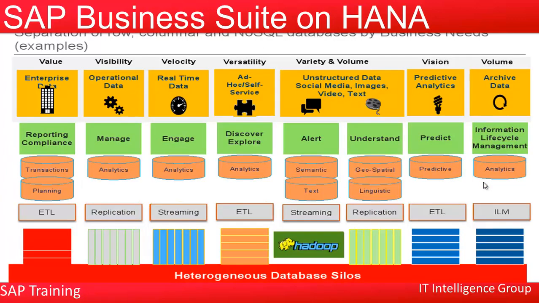Now here you can see the different examples, for example ETL based reporting, replication, analytics, velocity. Here you can see the different 6 V's: value, vision, visibility, velocity, versatility, variety, and volume.